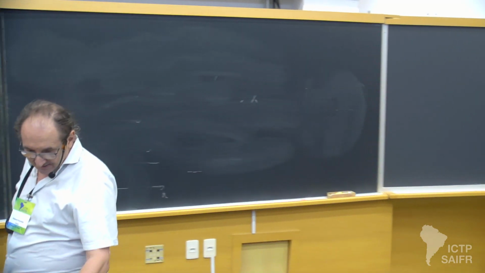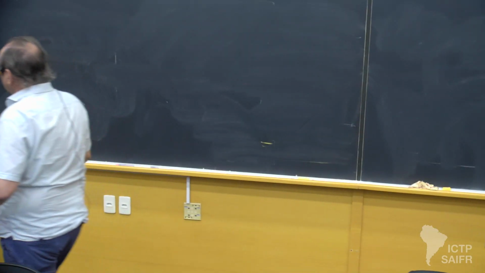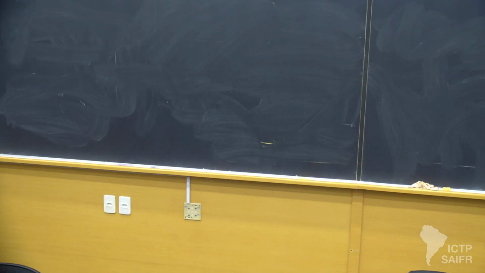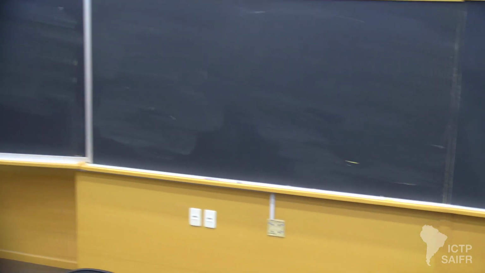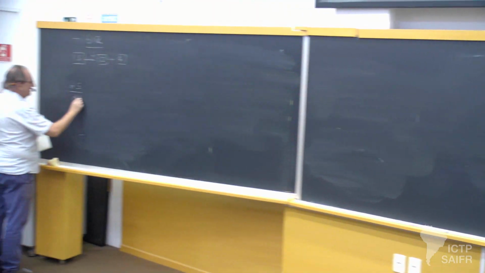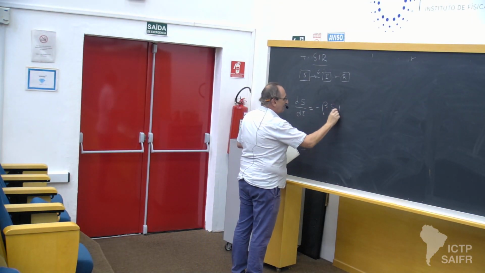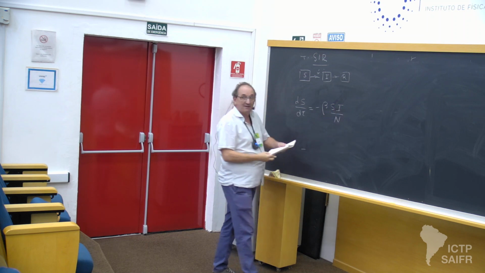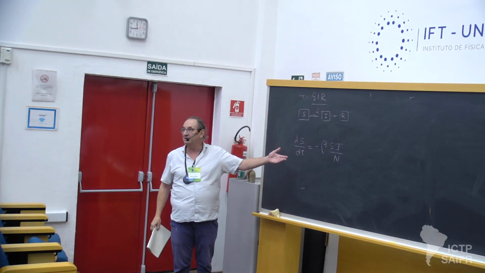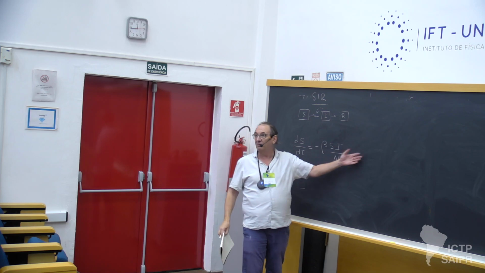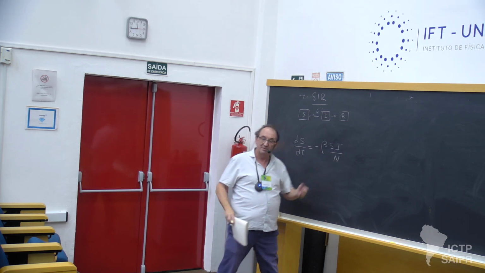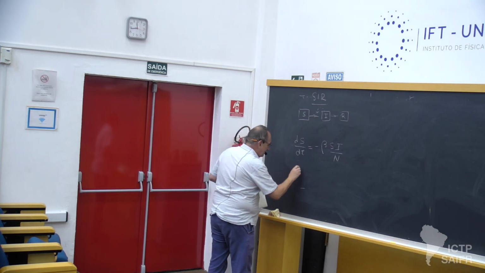Okay? So now, with the same arguments that I gave you before, you will probably be okay with me writing down the model like this. This is the same thing that we had before. But there's no inflow here. It's only outflow.